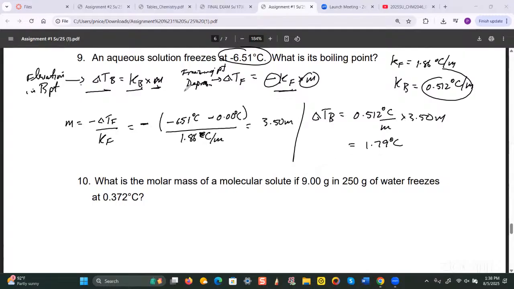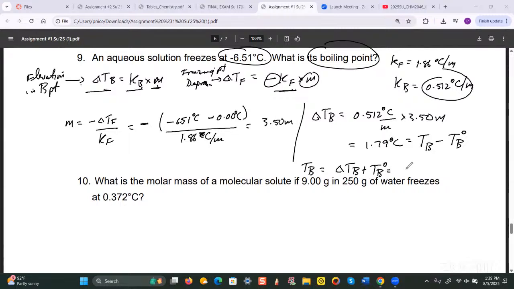Now, the question is not asking for delta TB, it's asking for the boiling point, right? The delta TB would be the boiling point of the solution minus the boiling point of the solvent, right? So TB, the boiling point of the solution, would be equal to delta TB plus the boiling point of the pure solvent.